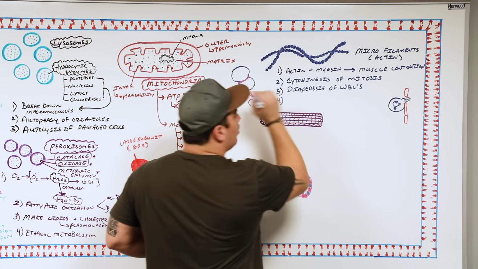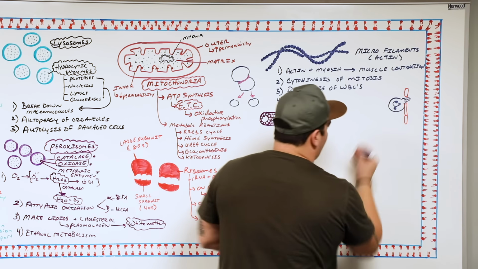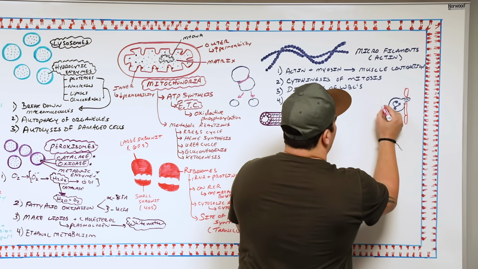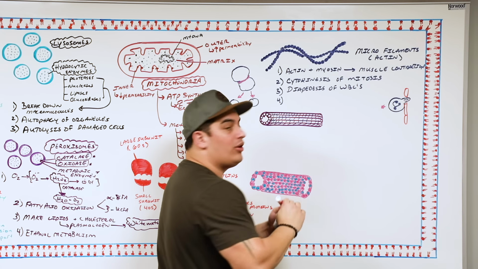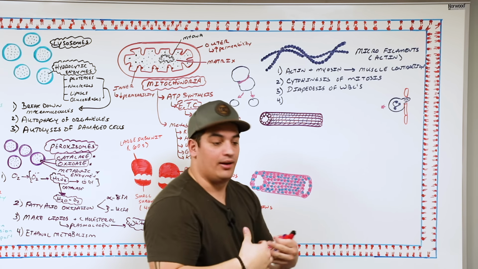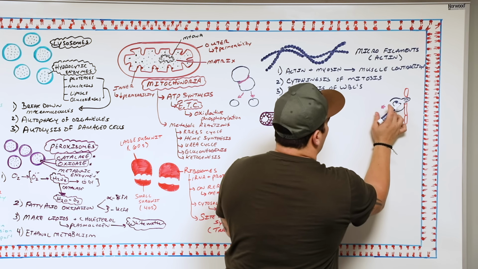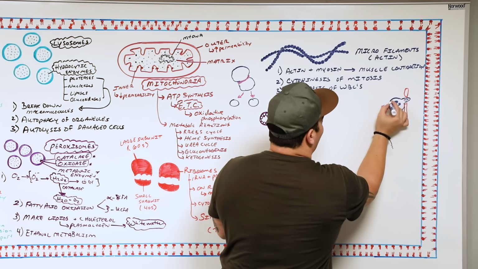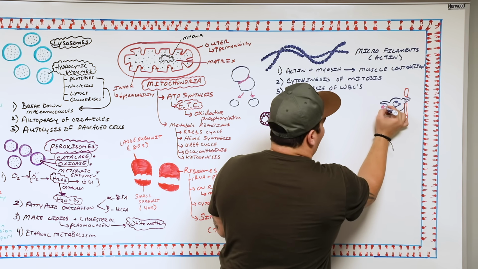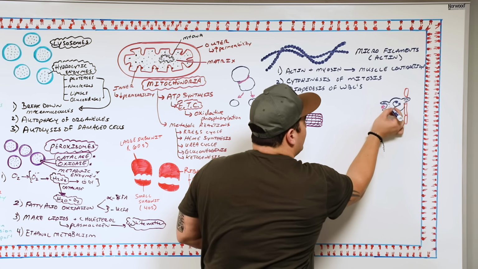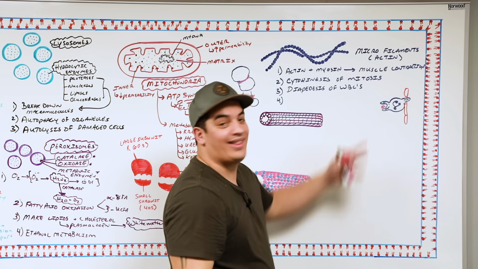And let's take this one more step. Let's say you have a white blood cell, okay? And here's a little pathogen out here, and I want to take this pathogen in. In order to do that, I need to create these little things called pseudopods. I create these little arms or extensions that come out to surround that pathogen.